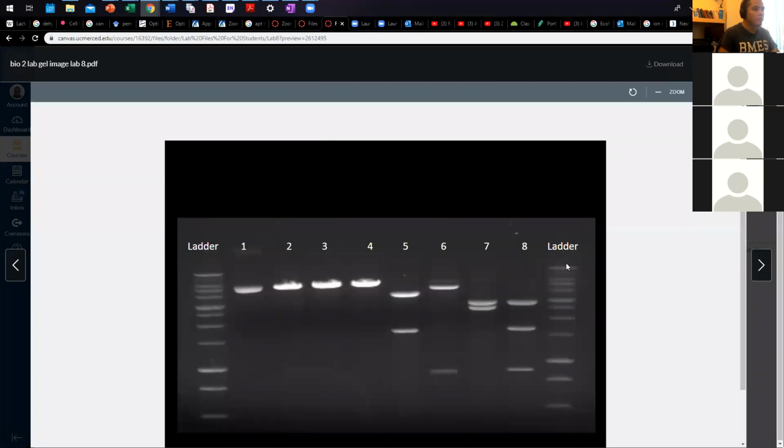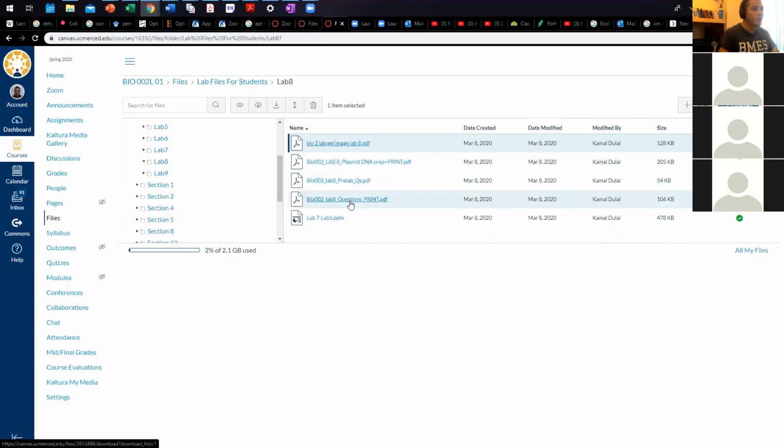Here you see the 8 different lanes and your ladders. Make sure you label your ladders and label the appropriate size. Make sure you label each appropriate size fragment based on your ladder.